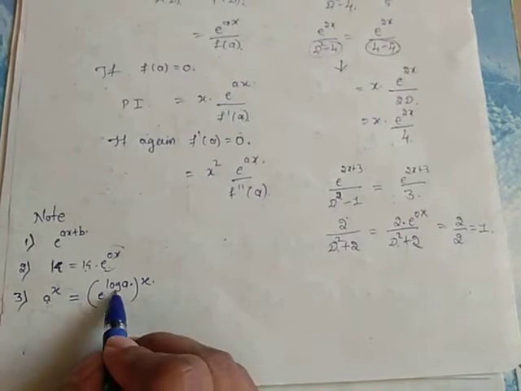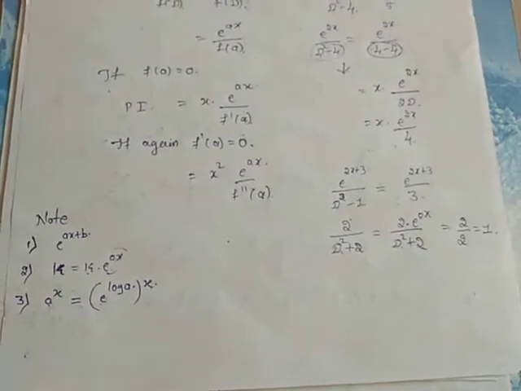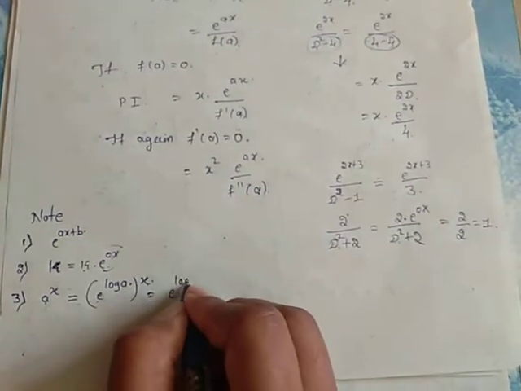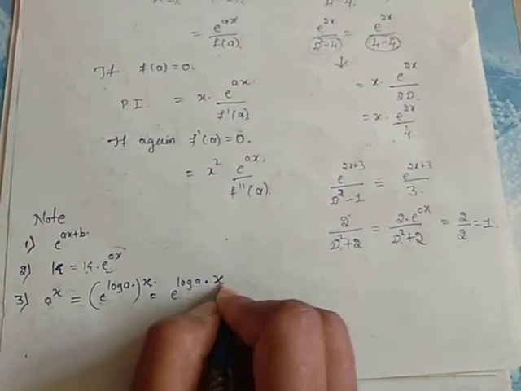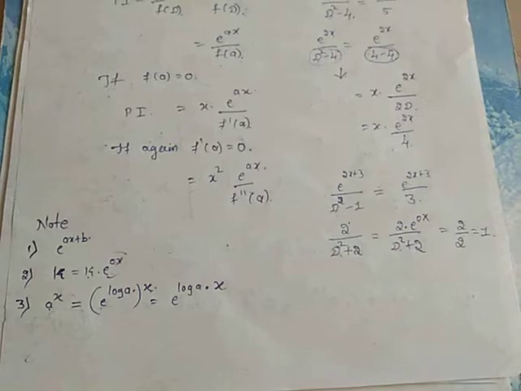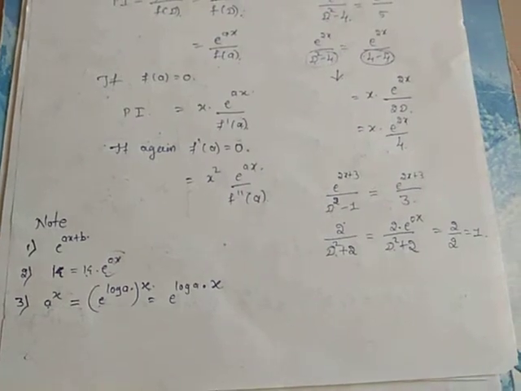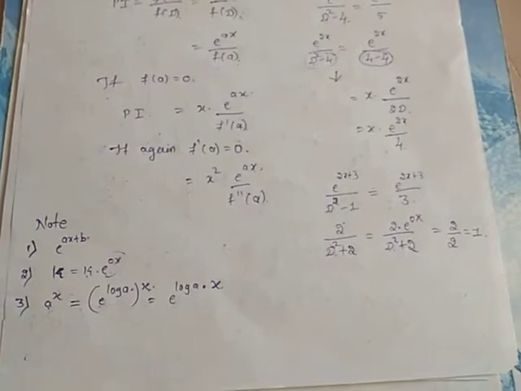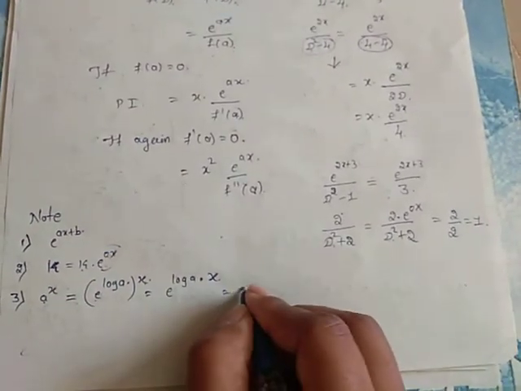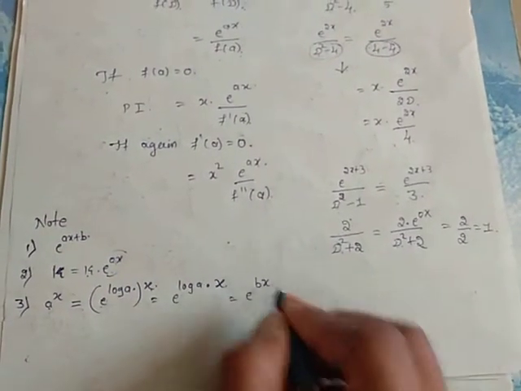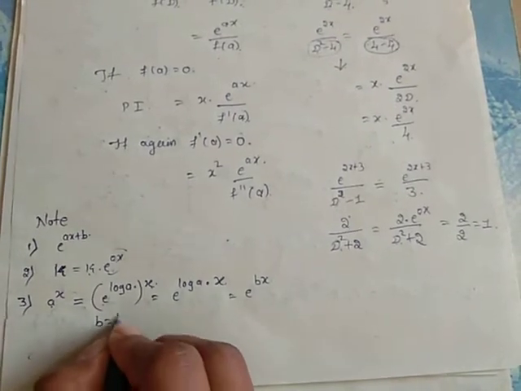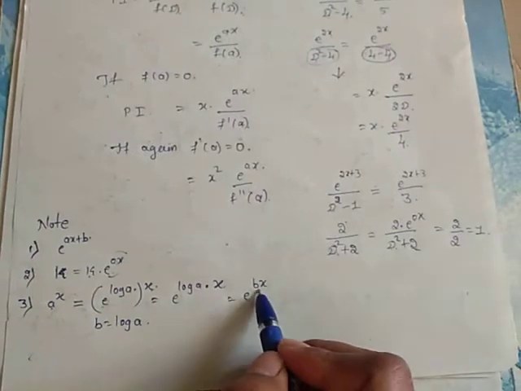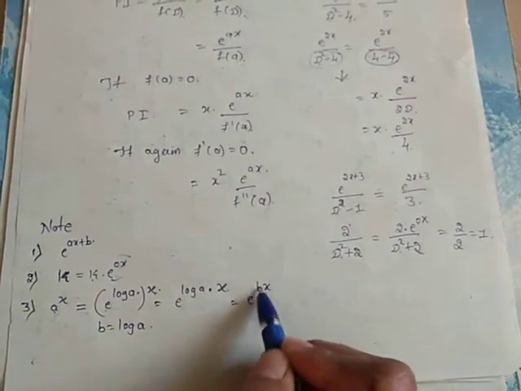So e raised to log a whole raised to x equals e raised to log of a into x, that is e raised to m whole raised to n equal to e raised to m into n. That formula will be applied here. So that is equal to e raised to bx, where b is your log a. Now replace the d by value of b.